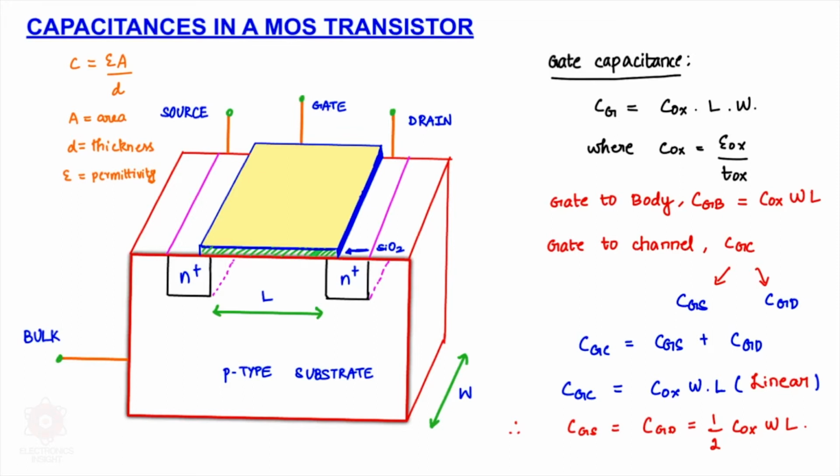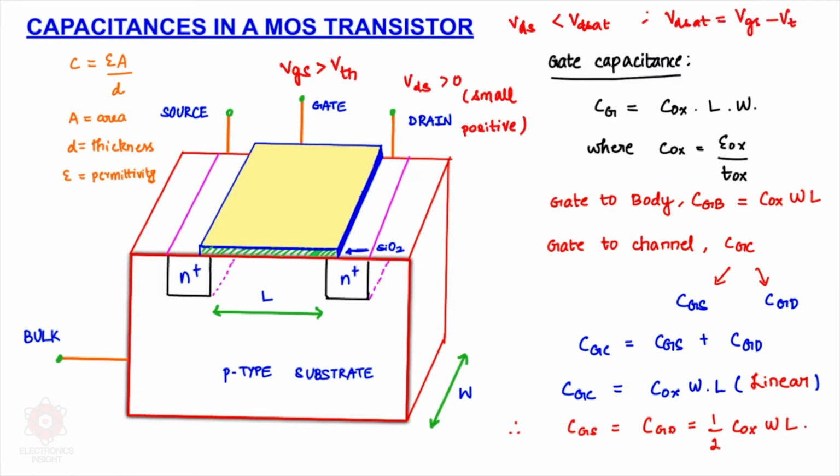When the applied gate voltage VGS is greater than VTH, the threshold voltage, and we apply a small positive drain to source voltage greater than 0, and this VDS is less than VDsat, we call this VDsat as VGS minus VT, which is the maximum saturation voltage until which the device will behave as a linear MOS transistor.